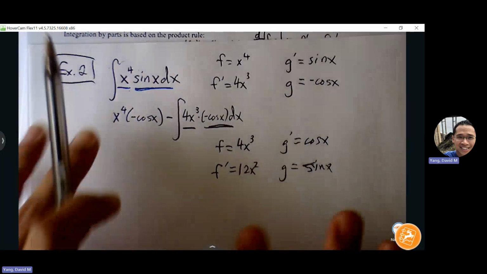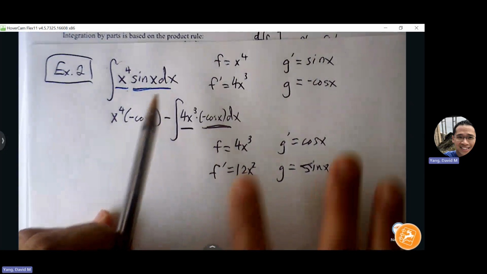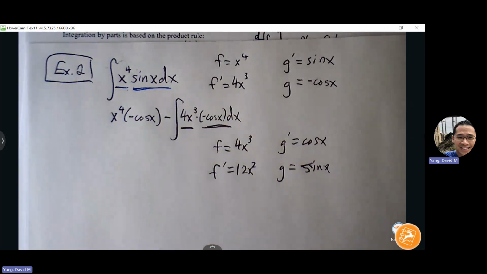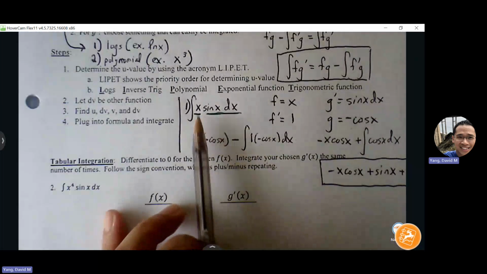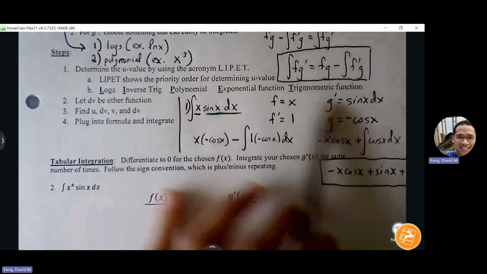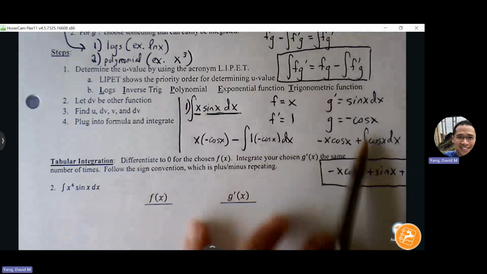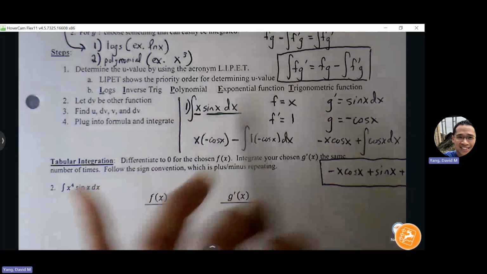Okay, so I want to kind of convince you that this is doable, but we have a more effective way of working through this type of problem. Now, once you learn the tab method, you can use it even for example 1, but I wanted to show you the basic procedure first.